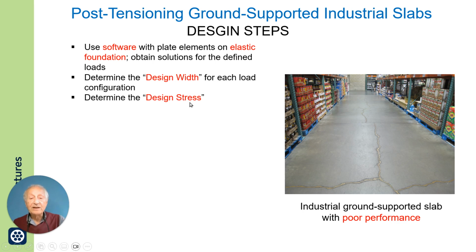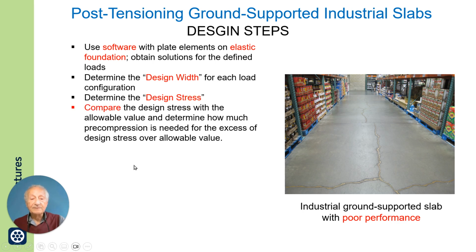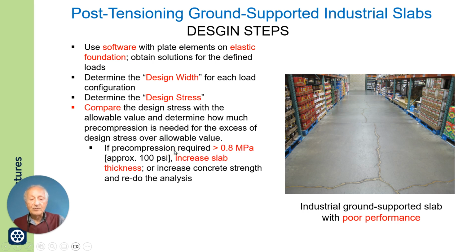And you calculate the design stress. You compare the stress with the allowable value to determine whether you have to increase pre-compression or you have to change concrete strength or otherwise. We will go through a numerical example toward the end of this session.